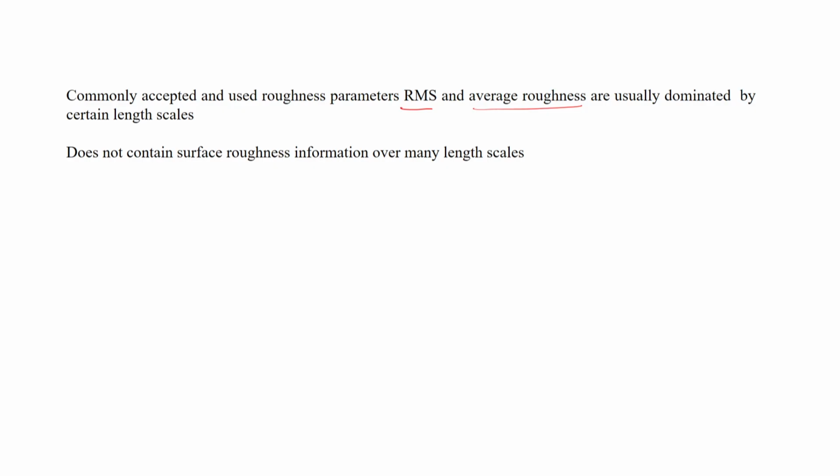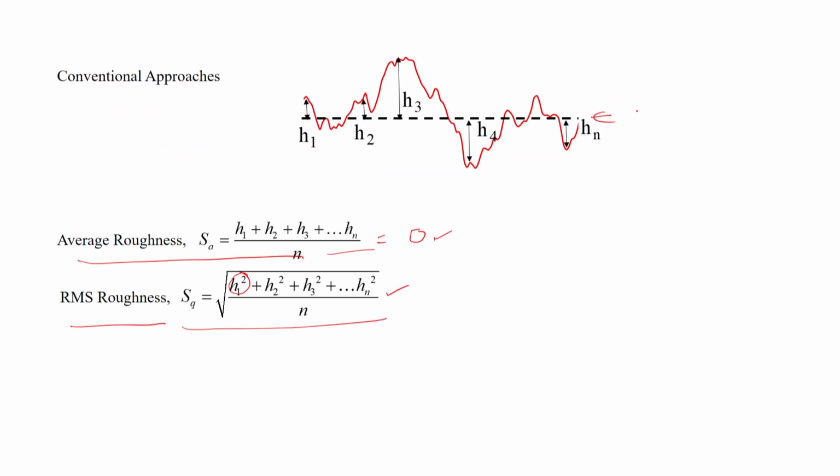It does not take into account all the different length scales, and does not contain the surface roughness information over many length scales, because here I have just one scan of the surface, and in that scan I have this height distribution, from which we obtain the RMS roughness. So this scan has been done at one length scale.